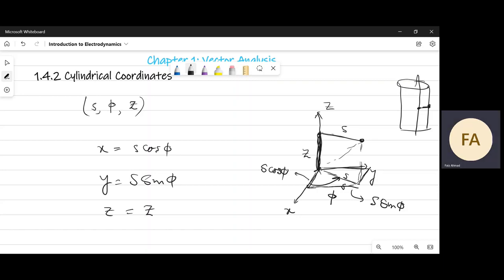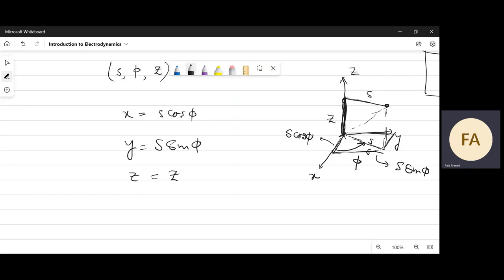So the unit vectors, in this case, s is here, z is the same z upward, and phi will be somewhere here.